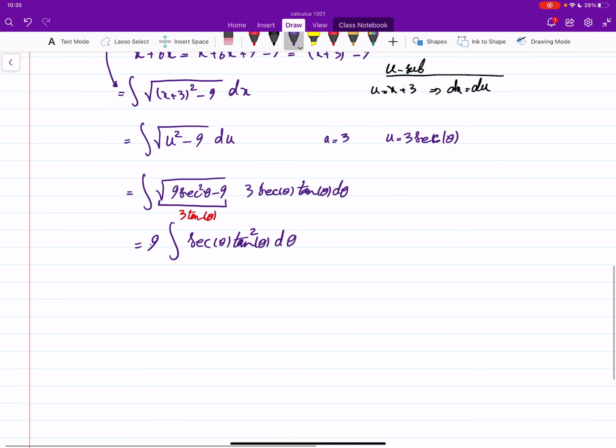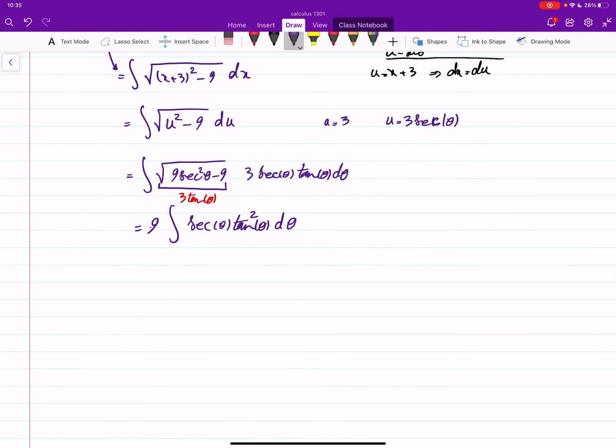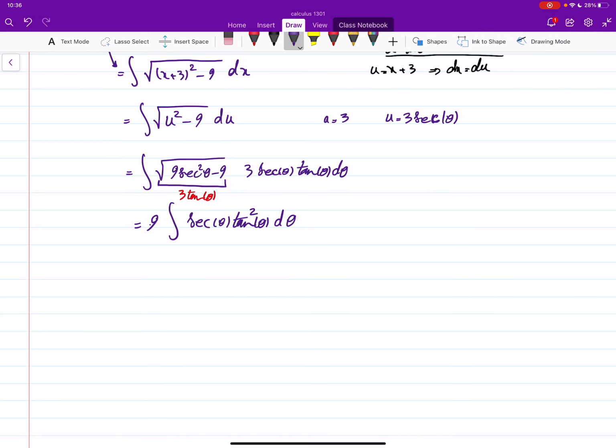Now that we have this trig integral, powers of tan and powers of secant, we want to see how we can do this one. You look at this and you notice that we have to use some of the tricks that we learned in the previous section. I will use tan squared.